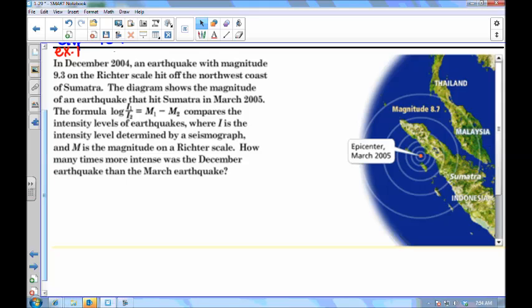The formula, log I1 over I2 equals M1 minus M2, compares the intensity levels of earthquakes, where I, capital I, is the intensity level determined by a seismograph, and M is the magnitude on a Richter scale. How many times more intense was the December earthquake than the March earthquake?